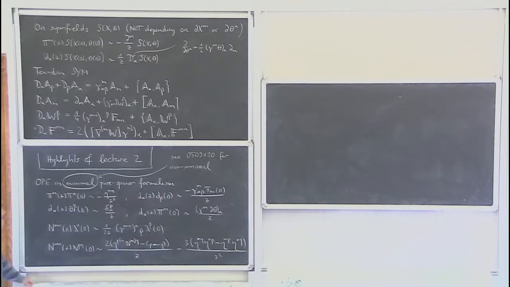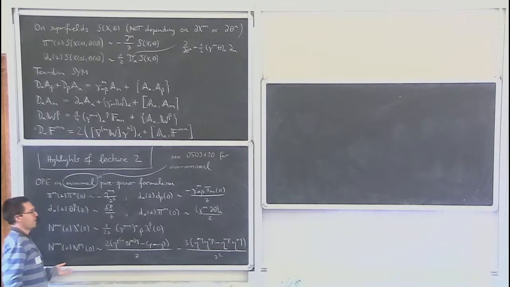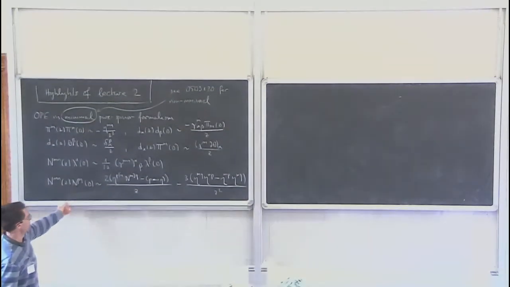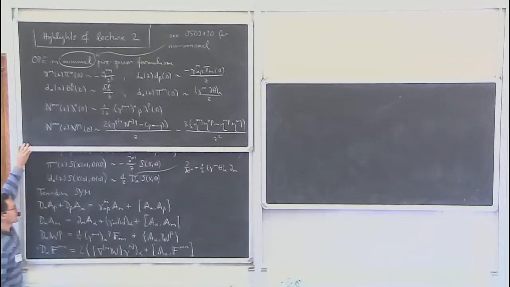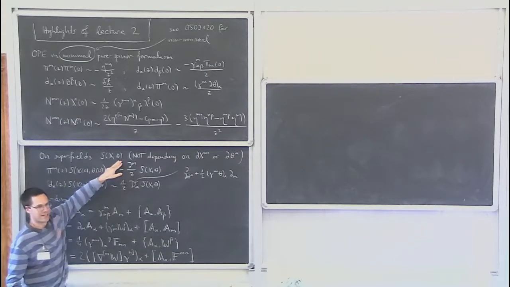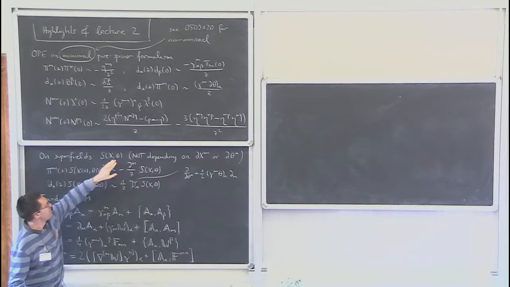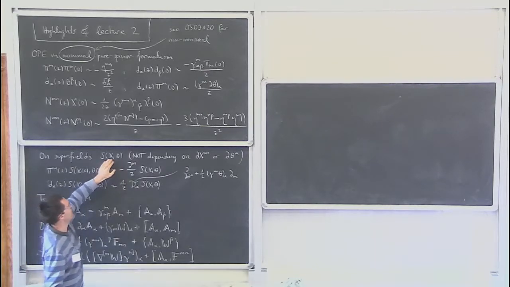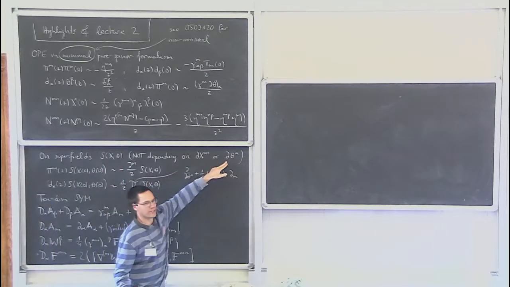Strictly speaking, these OPEs are all you need to know, but to give some additional service, you will later on have a situation where we need to evaluate OPEs on a superfield. To take the surprise ahead, the vertex operators will contain superfields that are functions of x and theta. First of all, when I say superfield, I have in mind that they don't depend on the worldsheet derivatives of x and theta.